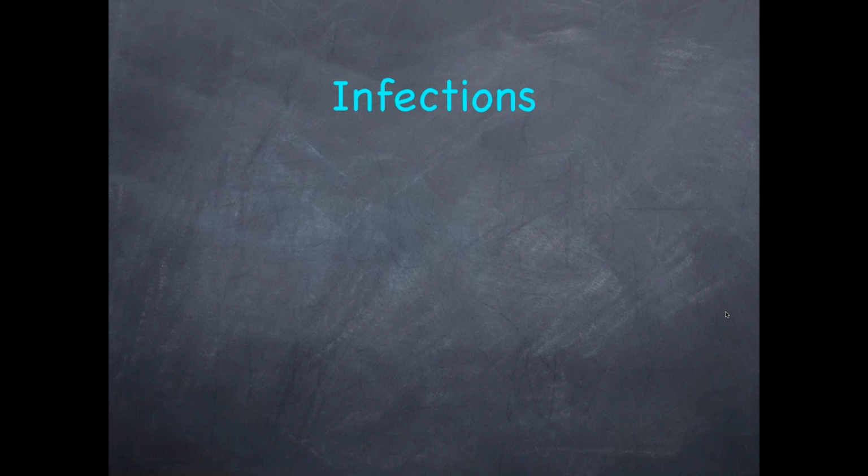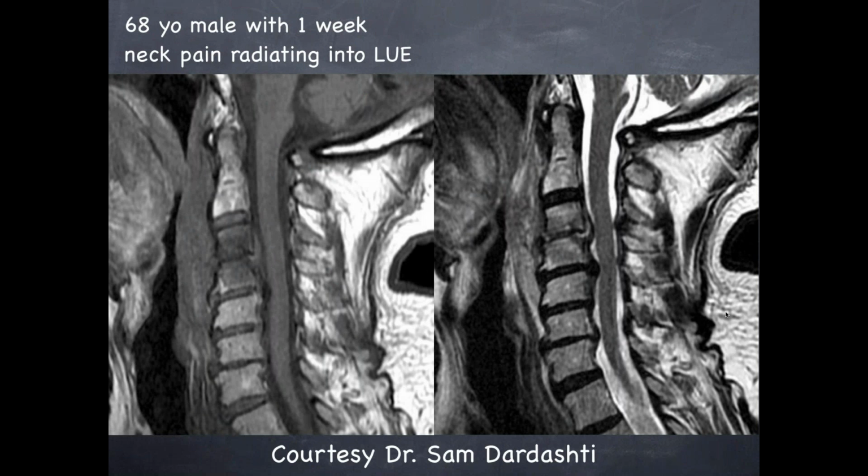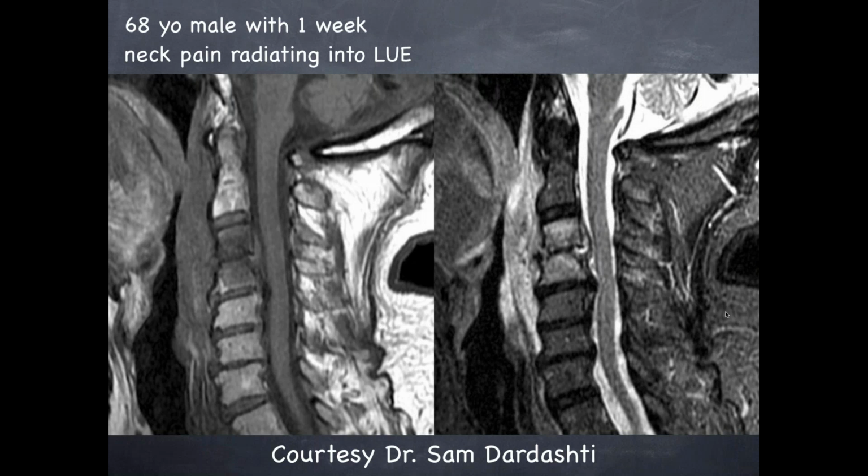Okay, and then why don't we go on into infections. It's a 68-year-old man, one week of neck pain radiating to the left upper extremity. It looks like there's bone marrow edema within the third and fourth vertebral bodies, with corresponding STIR hyperintense signal. It looks like there's erosion at the end plates, and the intervertebral disc is sort of eroded.